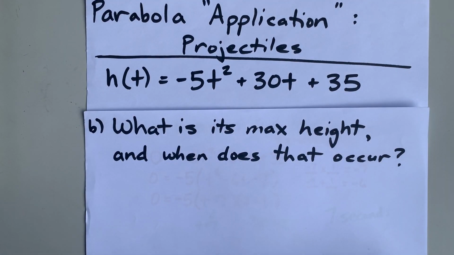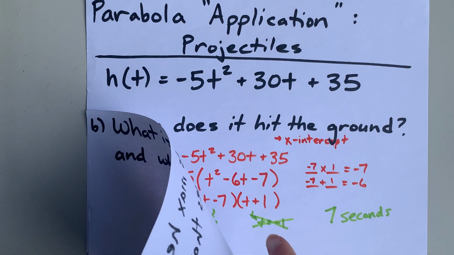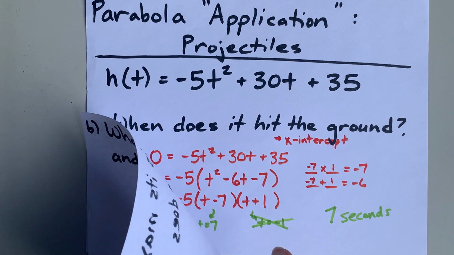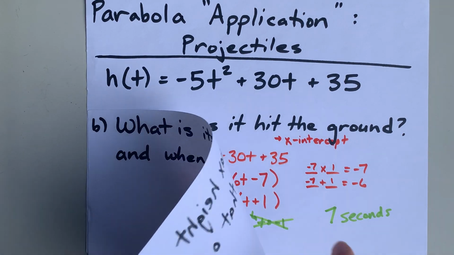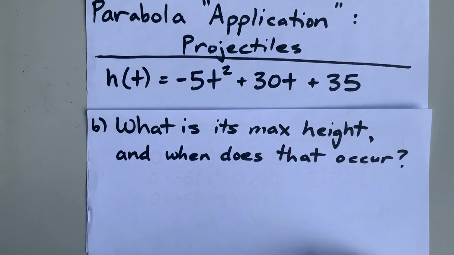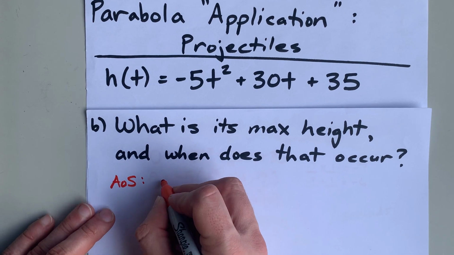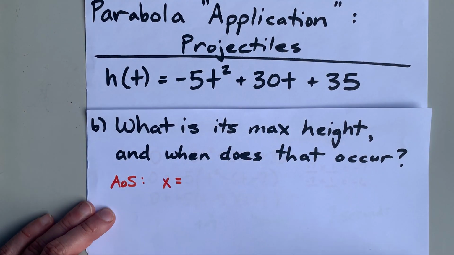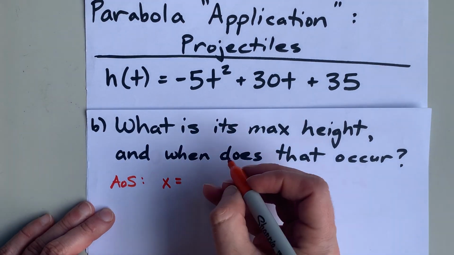But because we've already factored this one, and I have two x-intercepts, and again, I know that negative 1 didn't really count, but it is the x-intercept of the parabola that this flight path is, we actually have another shortcut we can use. The axis of symmetry of this parabola is at the average of the two x-intercepts, 7 and negative 1.